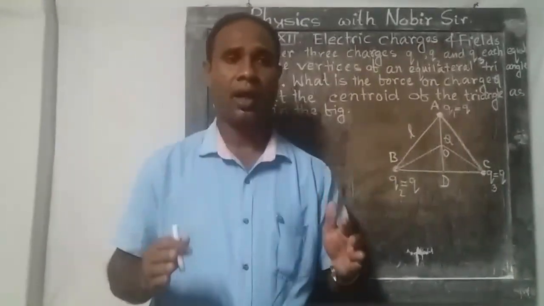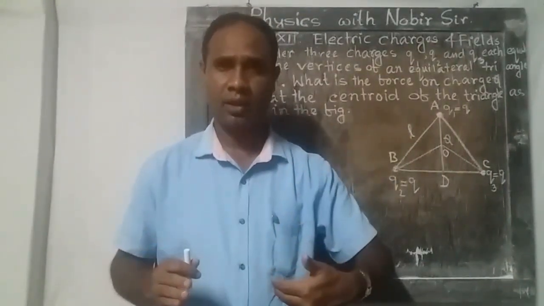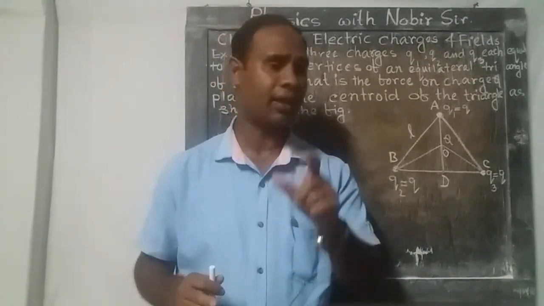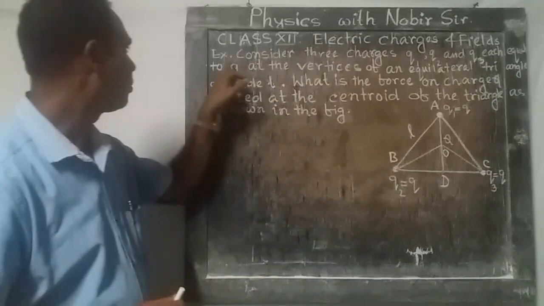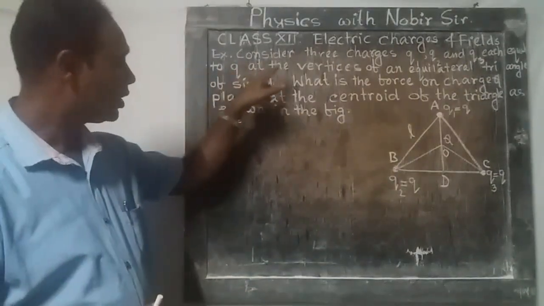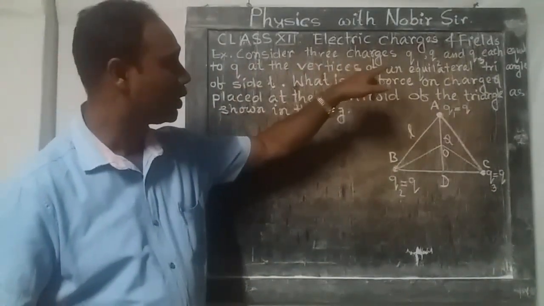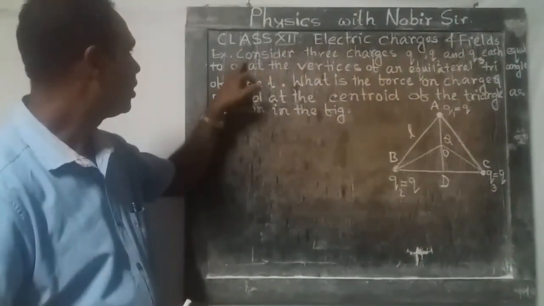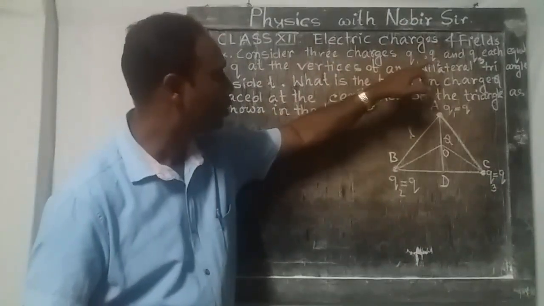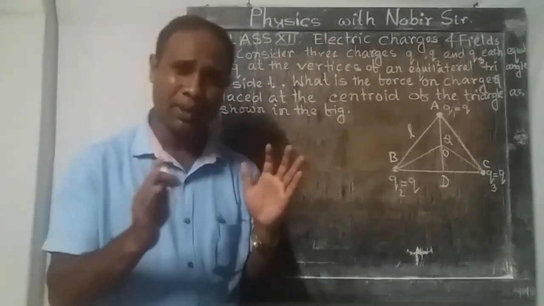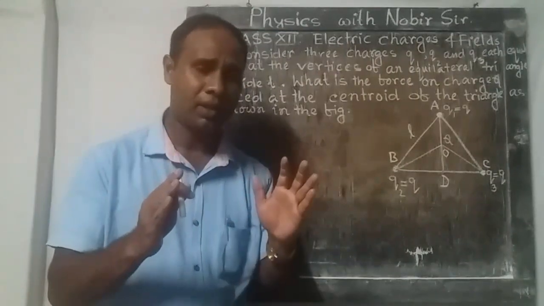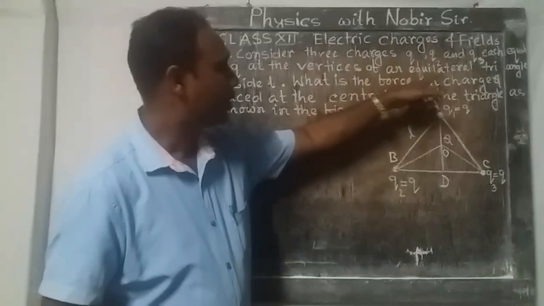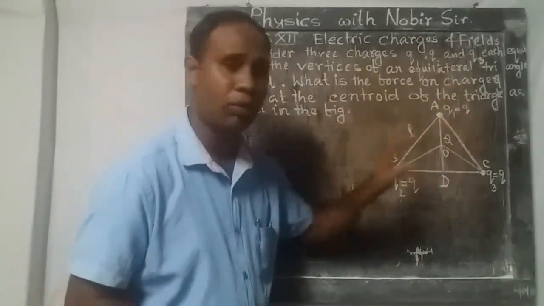For that I am going to take an example which is given in your NCERT book. Example: consider three charges Q1, Q2 and Q3, each equal to Q. These are the three charges, having the same magnitude Q, at the vertices of an equilateral triangle.